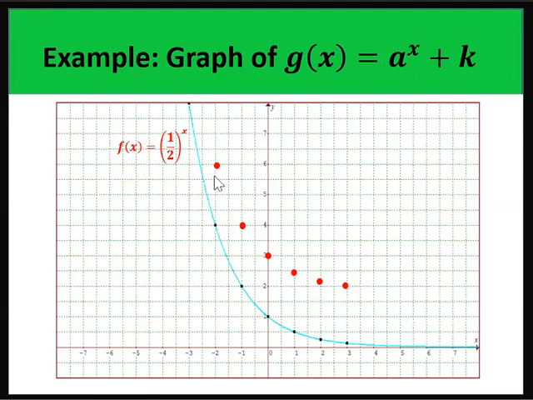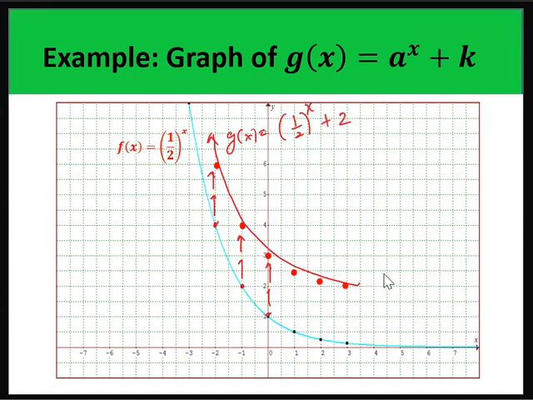If we have the light blue graph as the graph of f of x equals 1/2 raised to x, all the points on this light blue graph will be shifted by 2 units upward. So all these points here are the points of g of x equals 1/2 raised to x plus 2.